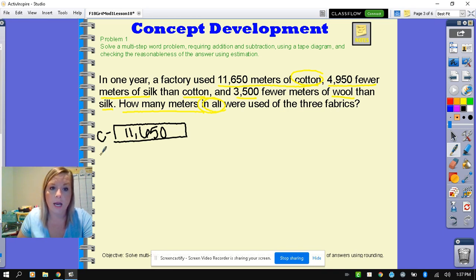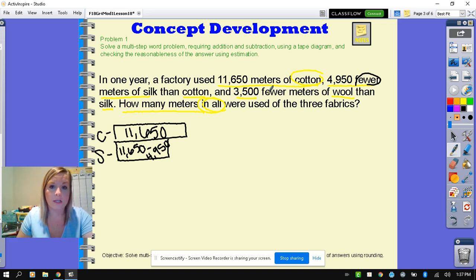So if we're here at silk, it's going to be smaller. But what it's going to be is 11,650, and if it says fewer, we're going to be subtracting. So minus 4,950. You also could have put a C for cotton, cotton minus 4,950. I just wanted you guys to see what we're going to be solving for.